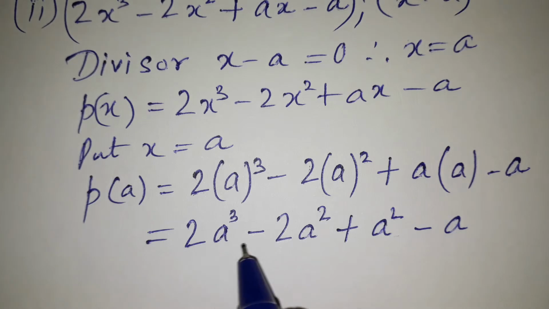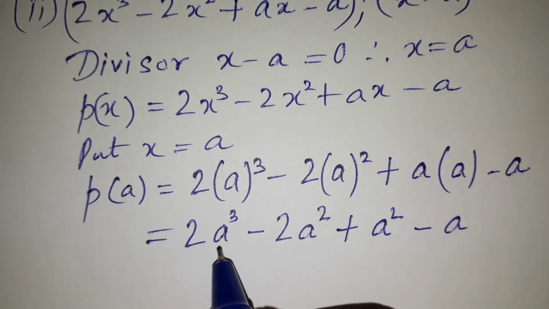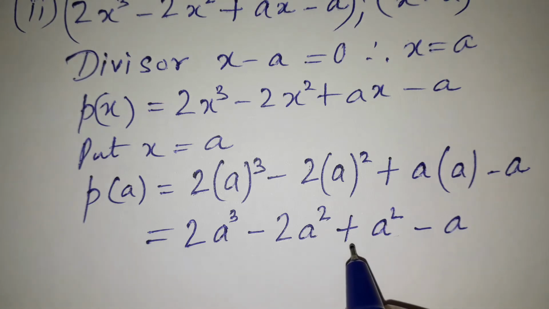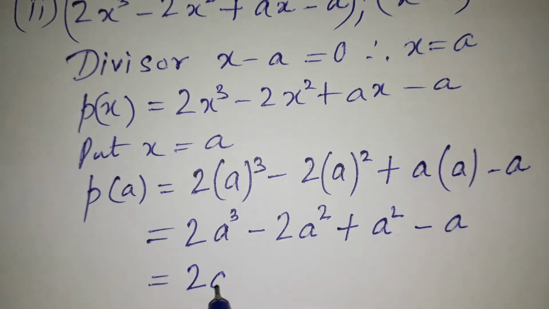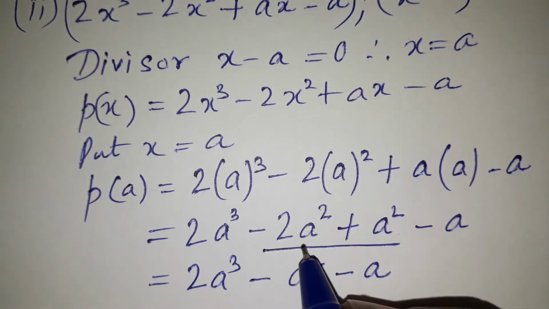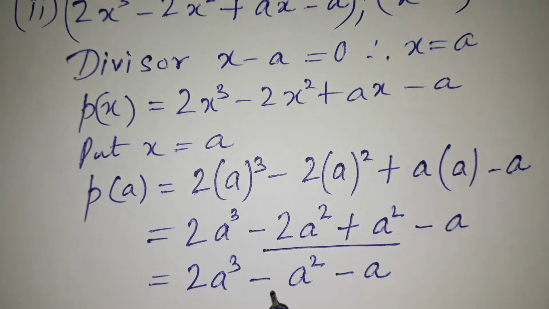So this will be 2a cube minus 2a square plus a square minus a. We can see that related to a cube there is only one term, but related to a square there are two terms, minus 2 plus 1, so it will be minus 1. So this will be 2a cube minus a square minus a. Because of minus 2a square plus a square, we got minus a square.